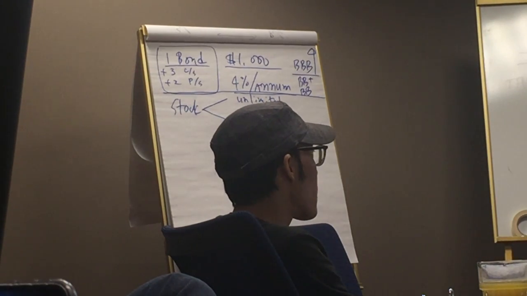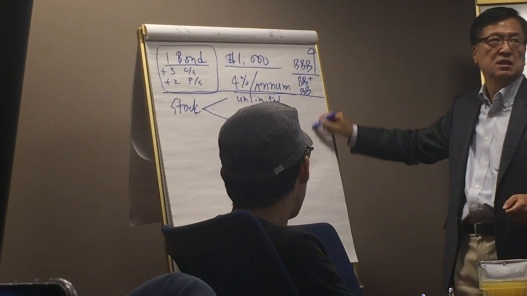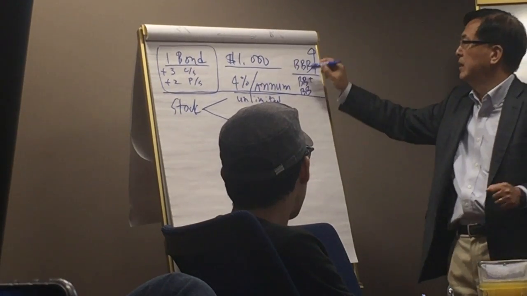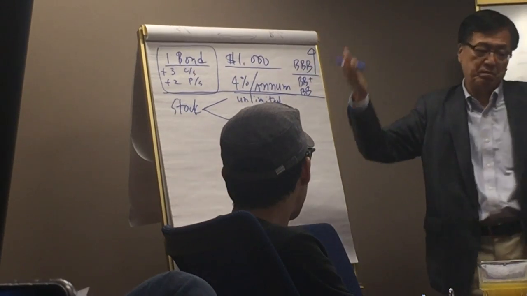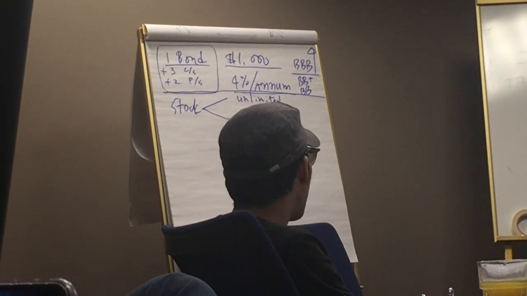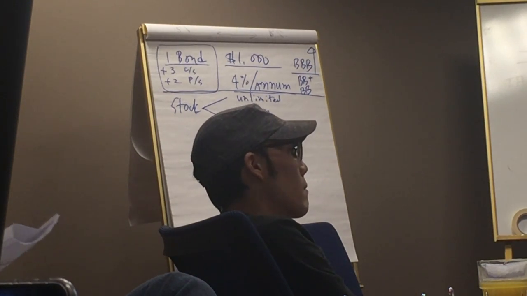Since there is a lower chance of filing bankruptcy as long as you stay with investment grade, of course, that would be a different story if you invest in junk bonds. But as long as you invest in investment grade and up, it's minimal risk with fixed return.